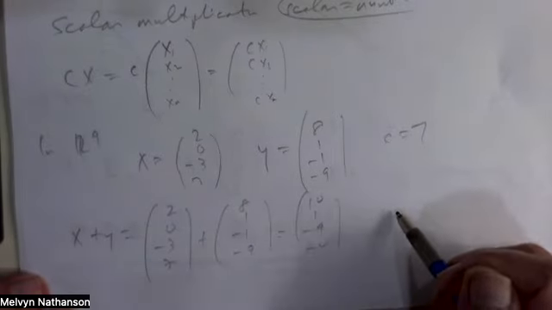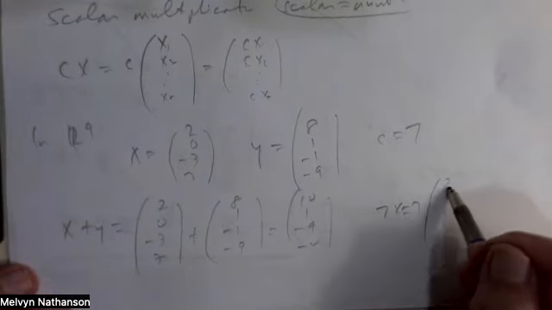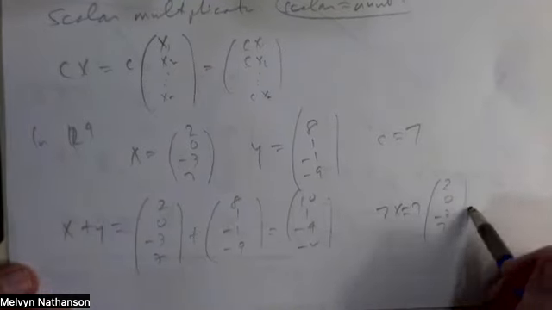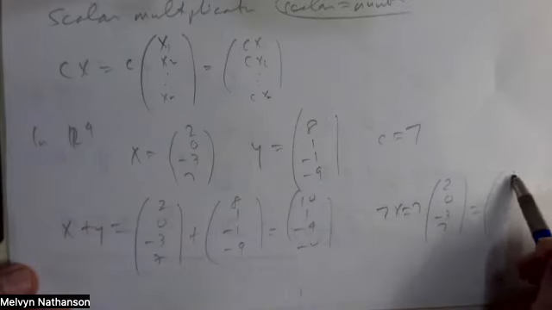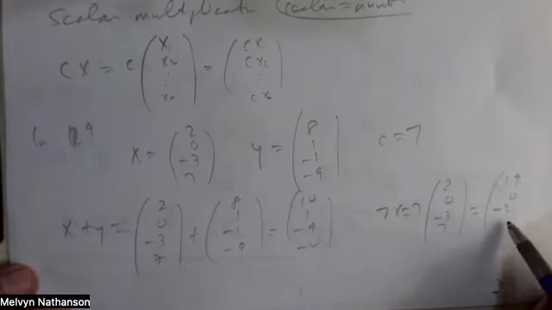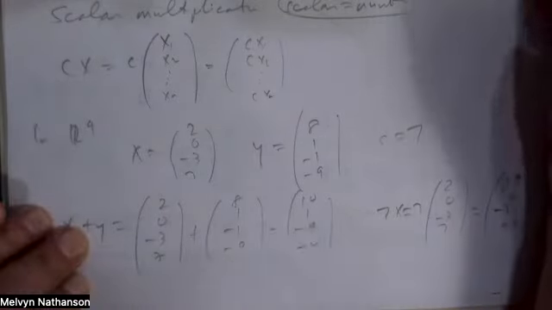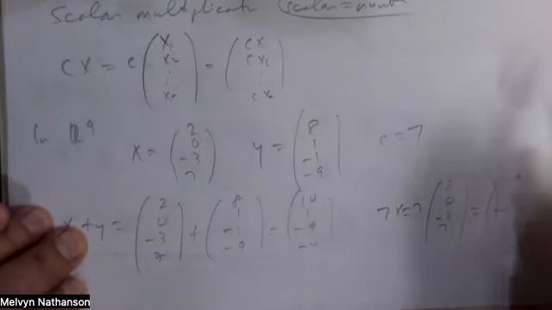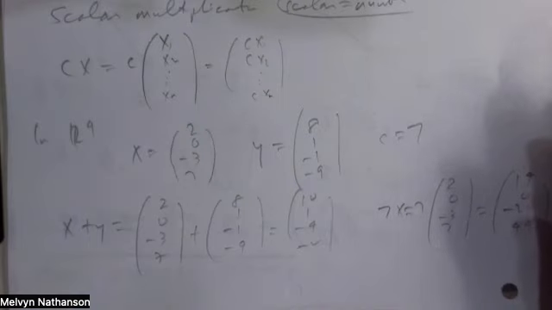And if you take the vector x and multiply it by 7, you multiply each coordinate by 7, you get 14, 0, minus 21, 49. So that's vector addition and scalar multiplication in Rn, which is certainly not the only vector space, but the most important vector space in linear algebra.